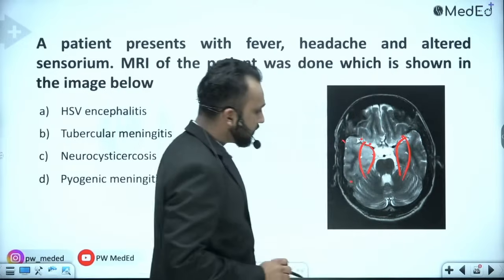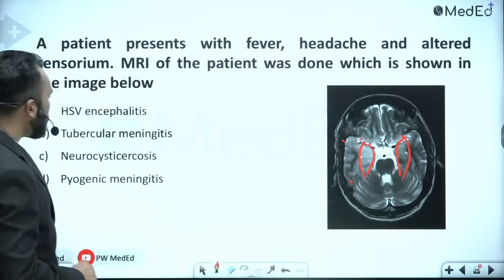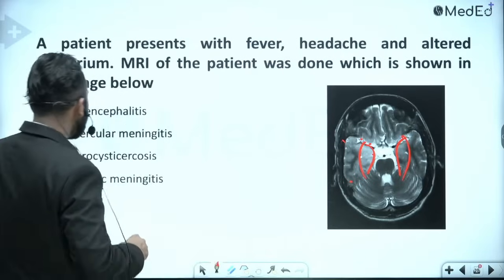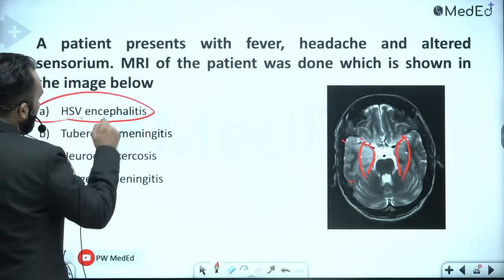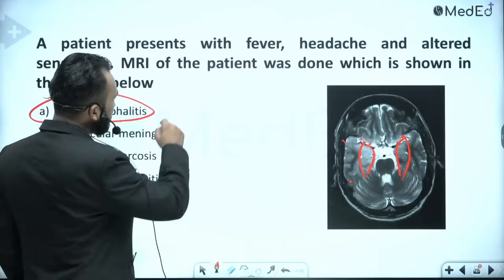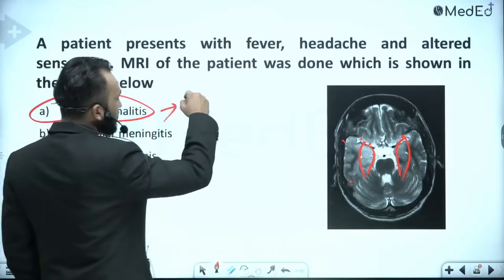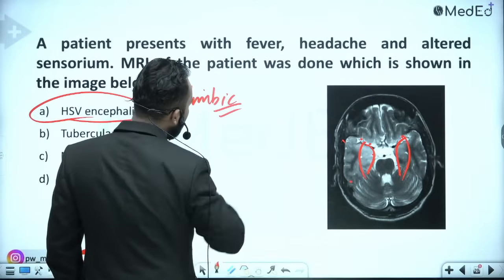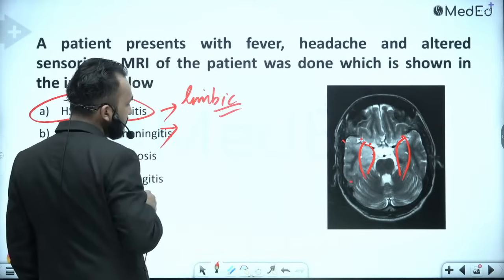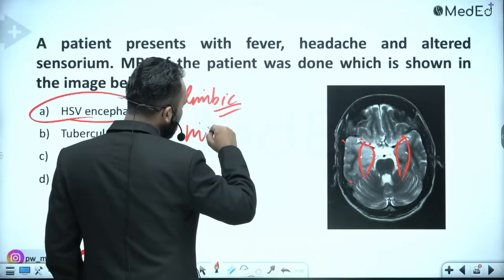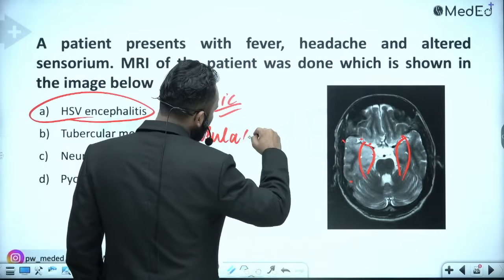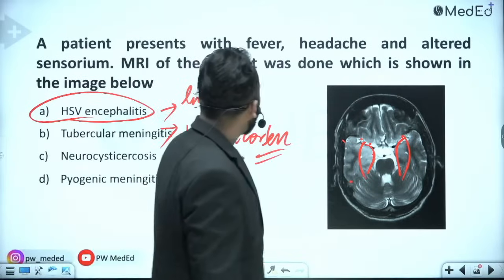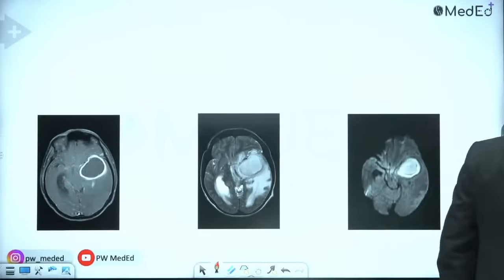The medial temporal lobe is involved in HSV encephalitis, which is going to involve your limbic system, that is your hippocampus, parahippocampal gyrus. Then it is going to involve your insular cortex. You will see hyperintensities, and the patient has a history of fever and altered sensorium.